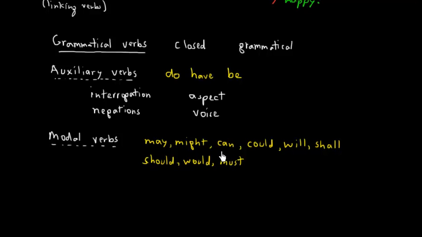Okay, 1, 2, 3, 4, 5, 6, 7, 8, 9. There are also what are called semi-modal verbs, but they are lexical verbs. They have all the features of lexical verbs, but they're sometimes used in some ways the same as a modal verb. If we talk about modality, we might discuss some of those semi-modal verbs.